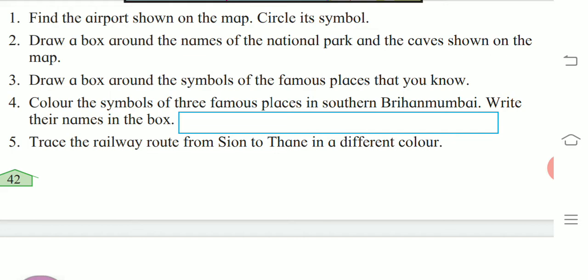Draw a box around the symbols of the famous places that you know. Color the symbols of three famous places in southern Brihanmumbai. Write their names in the box. Trace the railway route from Sion to Thane in a different color.